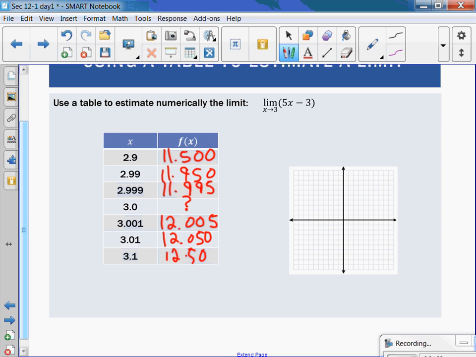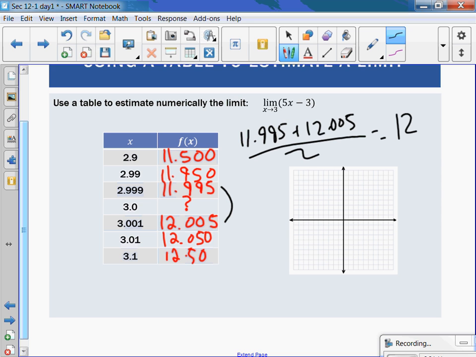Once again, it looks like we're approaching 12. And easy enough, right around that number, I can just take the average of those two numbers, 11.995 plus 12.005, divided by 2. I get that answer of 12.